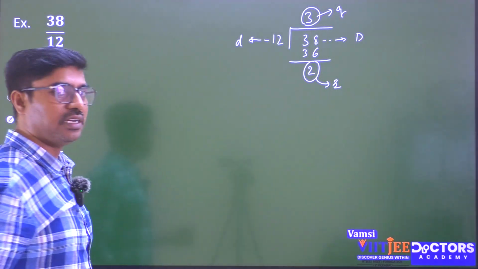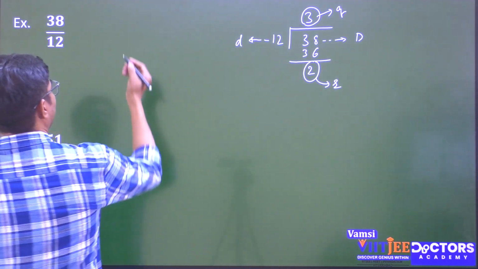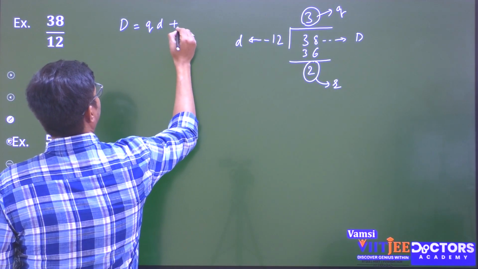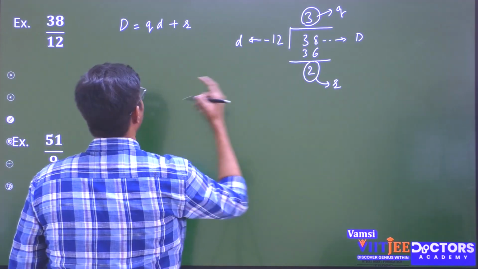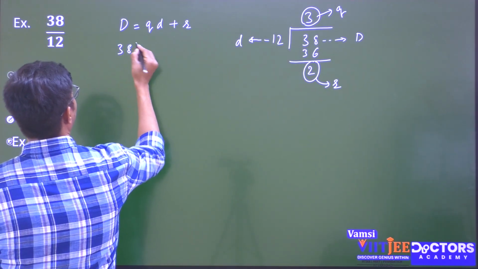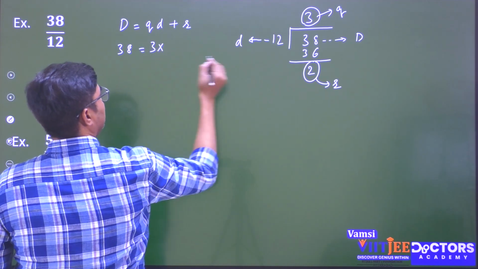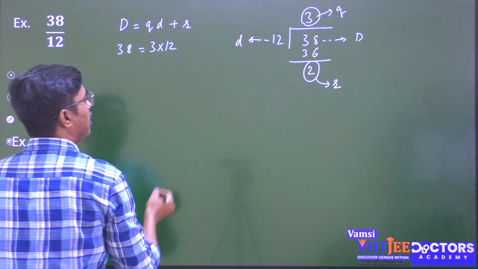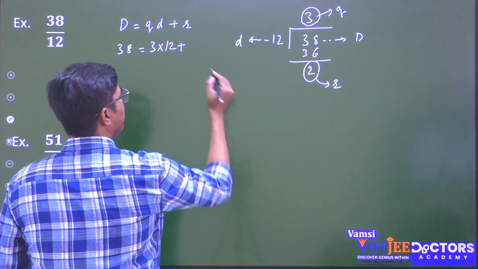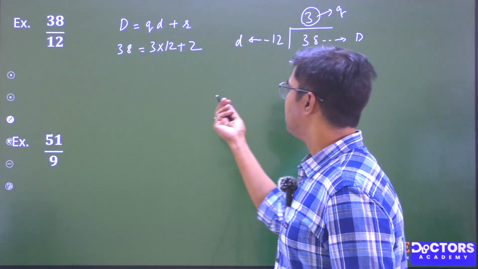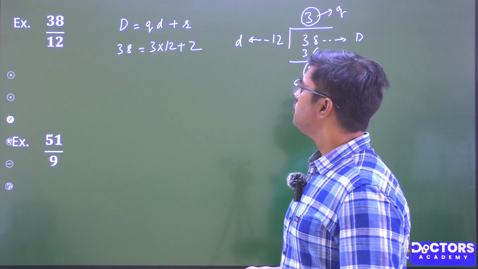So if I have to write that lemma again, what it says is that capital D equals q times small d plus r. Capital D is the dividend here, that is 38, equals q, which is 3, times the divisor, that is 12, plus the remainder, that is 2 here. See whether it is satisfied or not. 12 threes are 36 plus 2 gives you 38.